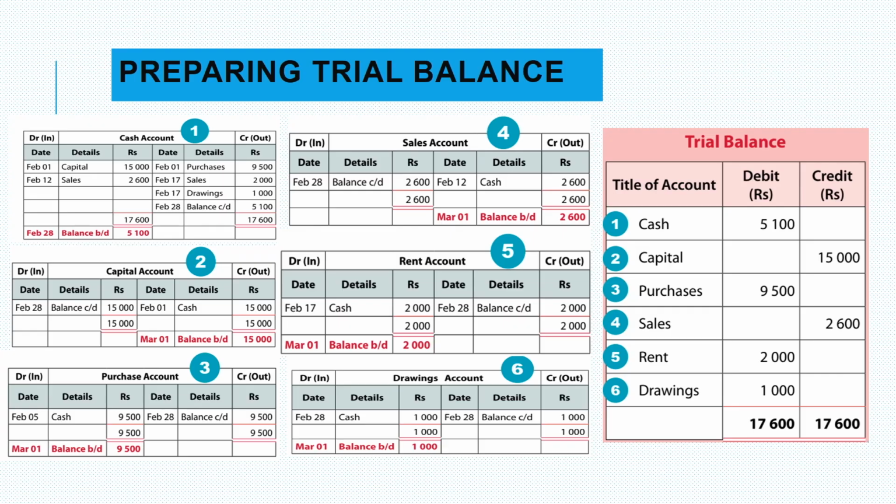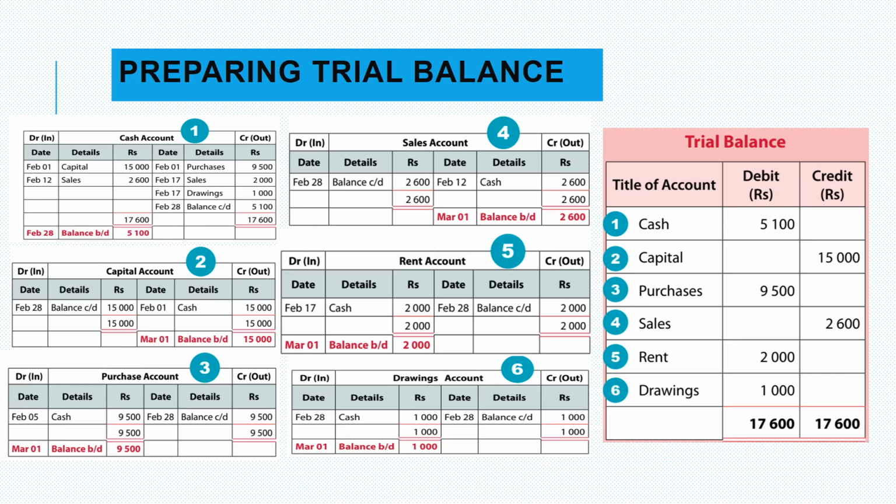This is an example of how a trial balance is prepared by extracting ledger balances. Number 1, we have the cash account which has a debit balance. Therefore, it has been recorded in the trial balance as cash 5,100 in the debit column.